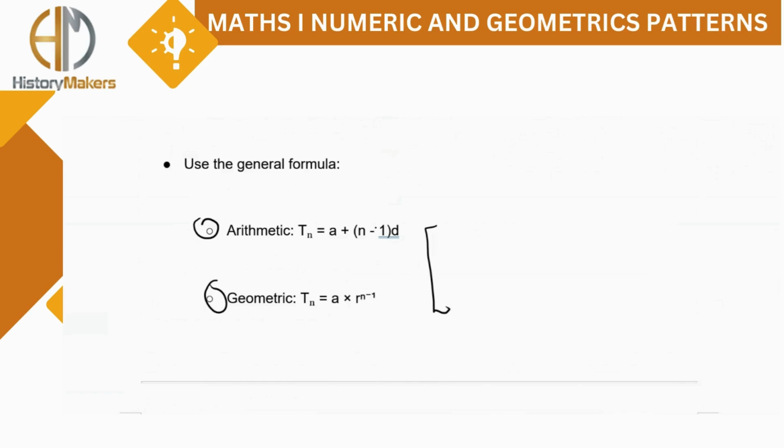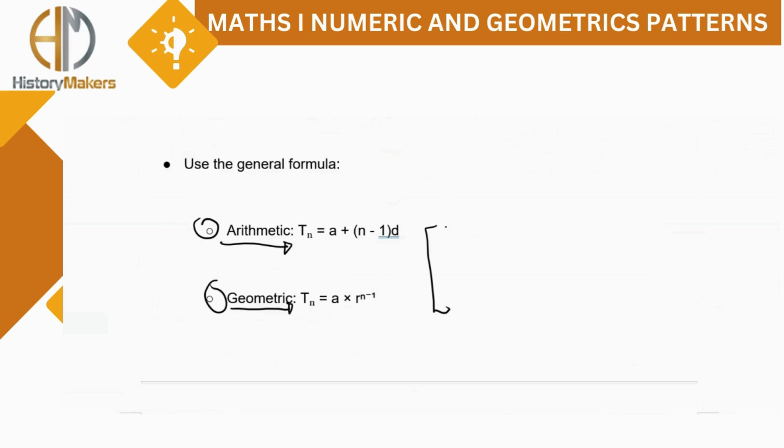Remember, we had different types of number patterns or numerical patterns. And for each different pattern or sequence, we have a different general formula. For arithmetic, I showed you what an arithmetic sequence is. And for geometric, I showed you also what a geometric sequence is.